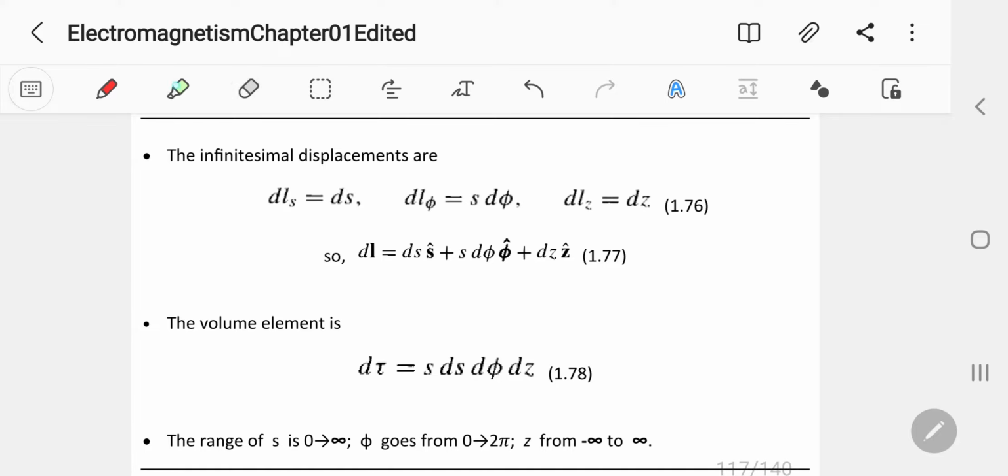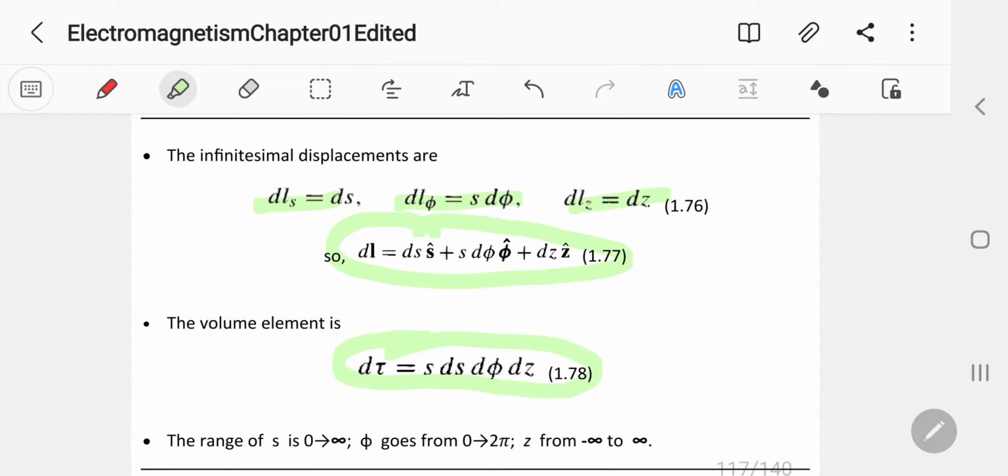So you have these associated displacements for the different unit vectors, and so the dl would be this one, and of course you just multiply everything to get the infinitesimal volume.